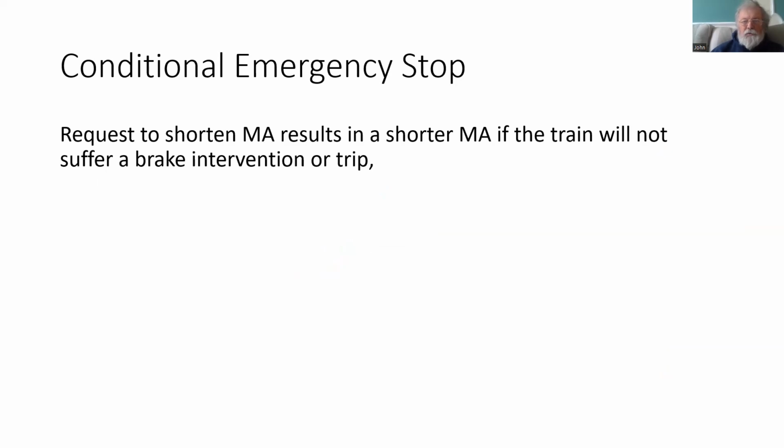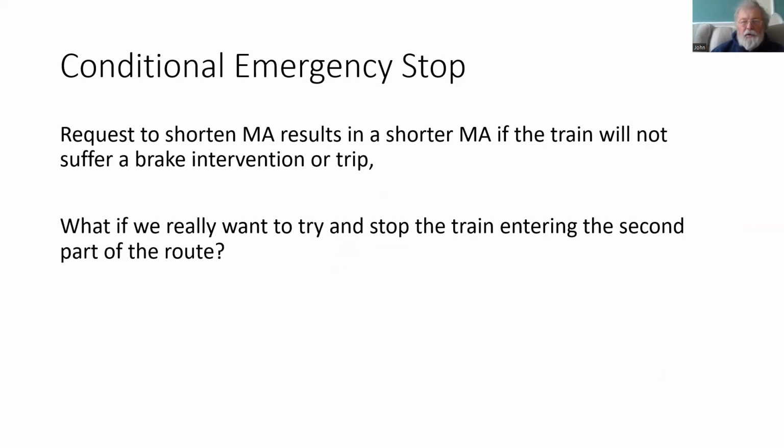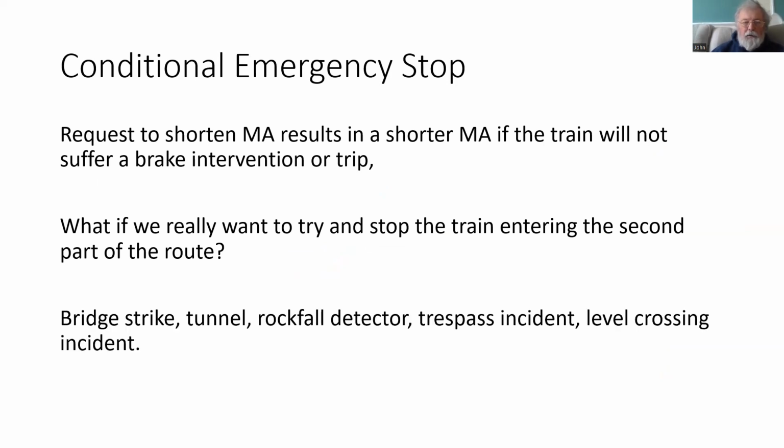So what happens if we really do need to try and stop the train? The request to shorten only shortens the MA if it won't cause a brake intervention or trip. But sometimes it's actually more important. We need to try and stop the train entering the forward part of the route, or at least to slow it down.